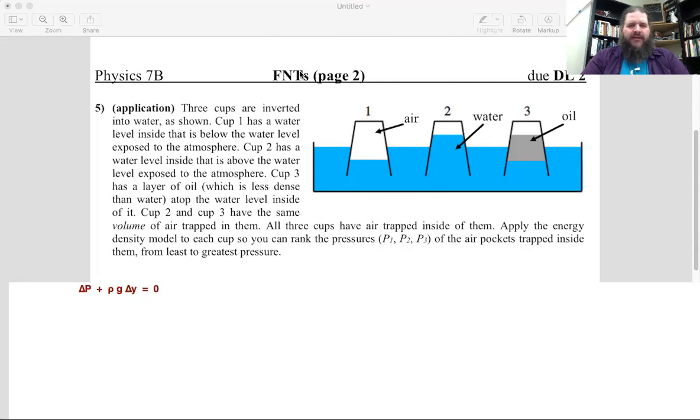So for example, we're talking about pressure of the air, so let's put a mark at the surface between air and water. Because if we can measure the water pressure at the surface, that should be the same as the air pressure at the surface. So let's just call these locations 1, 2, and 3 as labels.